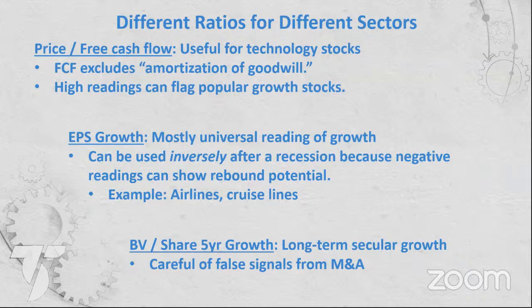And sometimes these growth stocks will just keep flying until people fall out of love with them. So sometimes looking for the ones that are expensive can actually be a strategy that can work.